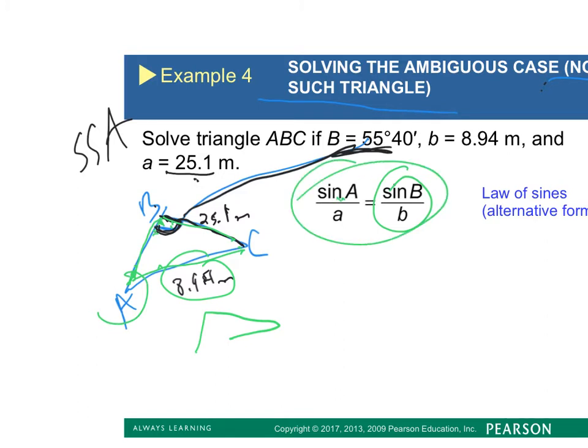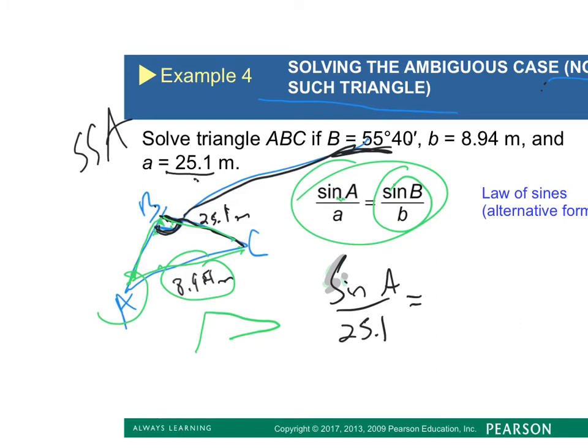Let's see what happens. Sine of A, which is... I don't know A. That's the whole thing. I don't know that angle. Sine of A. I know side A is 25.1.